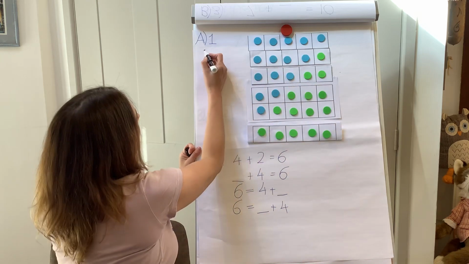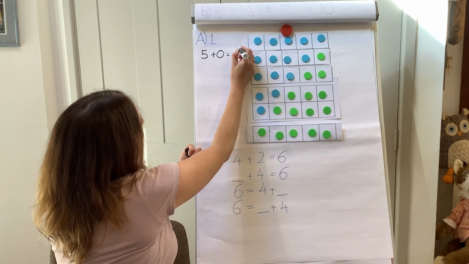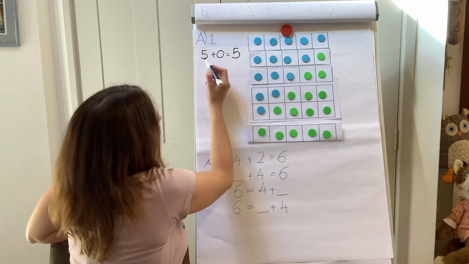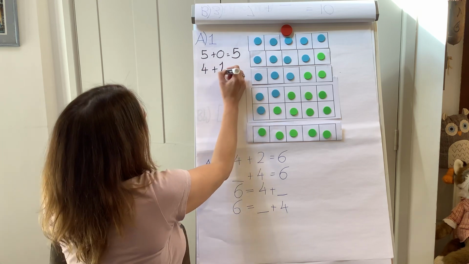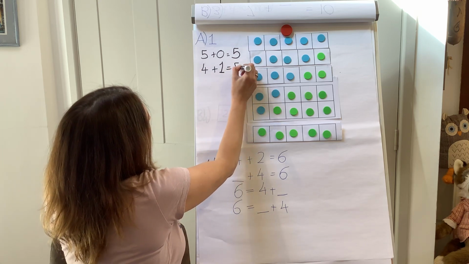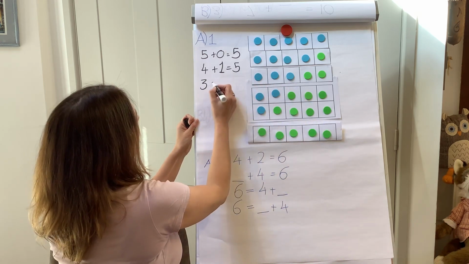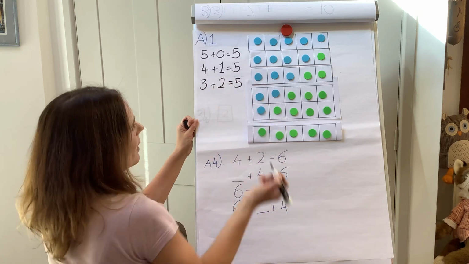So the first one shows 5 add 0 combines to make 5. And we can have 4 add 1 combines to make 5 as well. 3 blue counters, 3 and 2 combines to make 5.